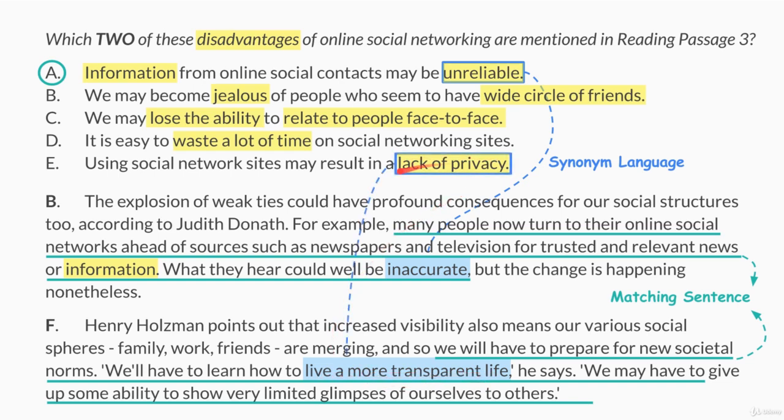That is synonym language for lack of privacy. So using social network sites may result in a lack of privacy. So that is going to be our second disadvantage. So the correct answer choice is going to be E. So those are the two disadvantages, letter A and letter E.